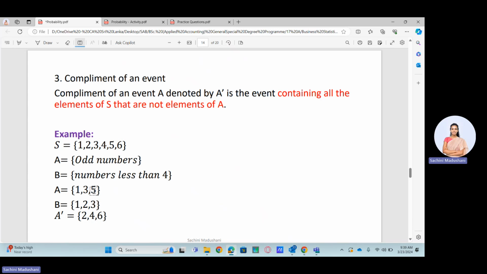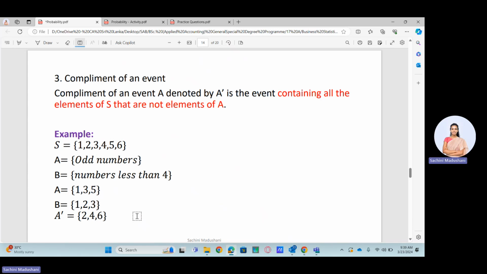Looking at our sample space, what are the elements in A? 1, 3, 5. What are the remaining things? 2, 4, 6. That we call the complement.